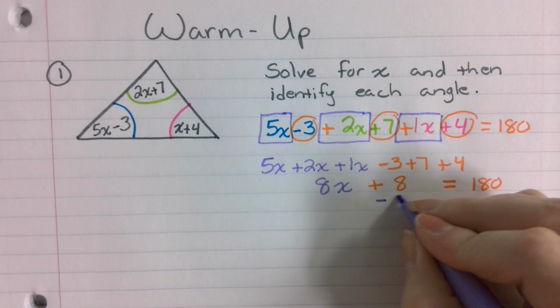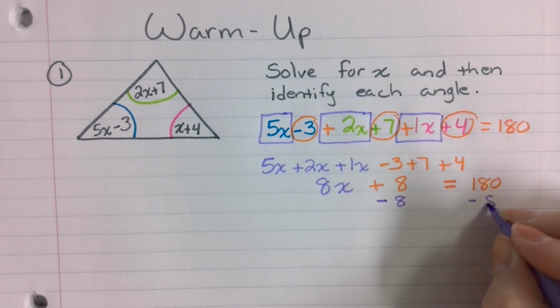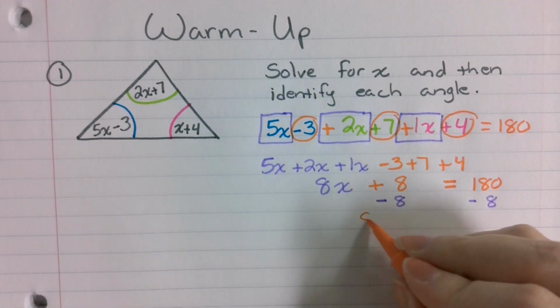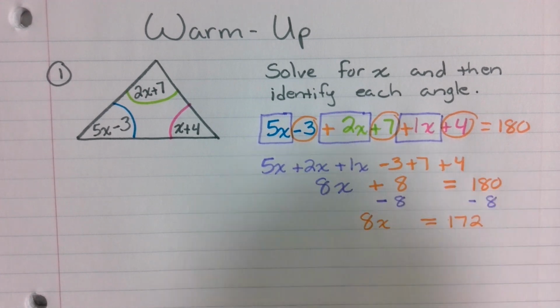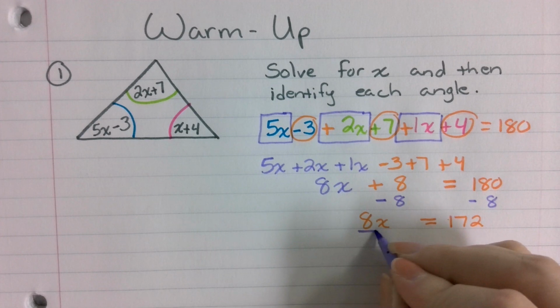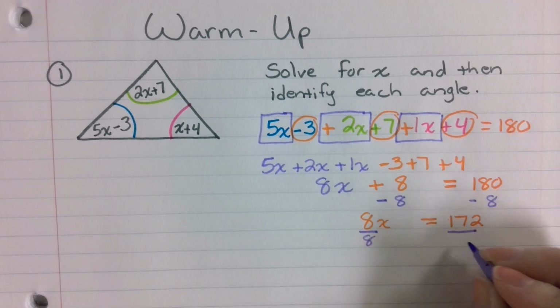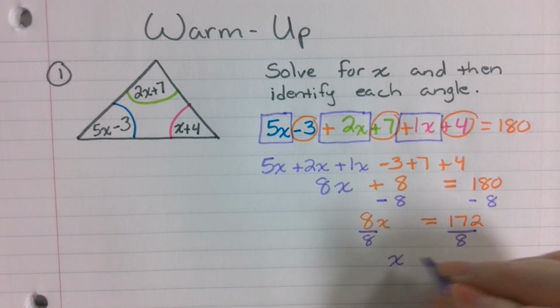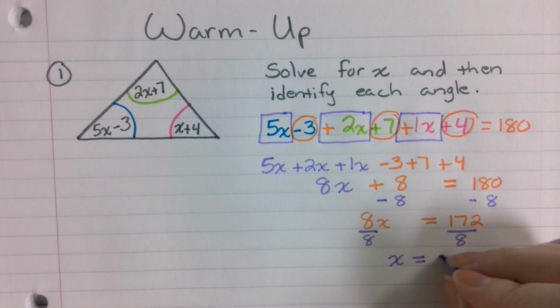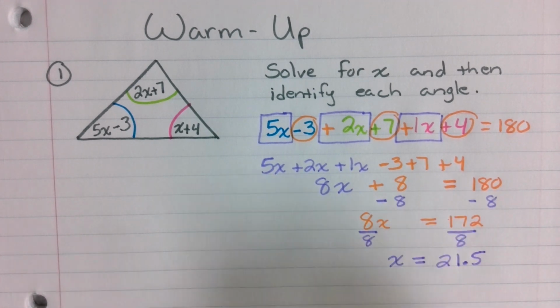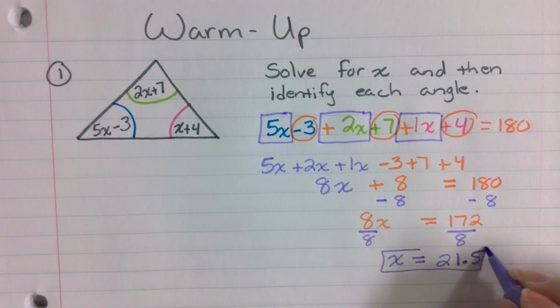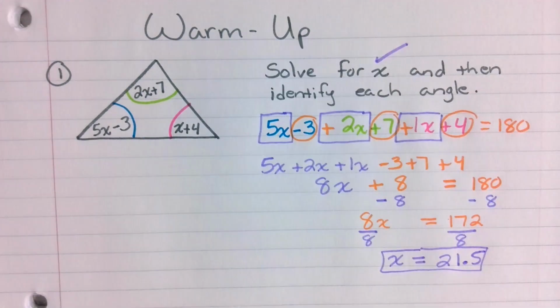I would subtract 8 from both sides. That'll give me 8x is now equal to 172. And then I'm going to divide both sides by 8. And I'm going to get that x is equal to 21.5. It's okay to have a decimal. So I solved for x. That part is done.